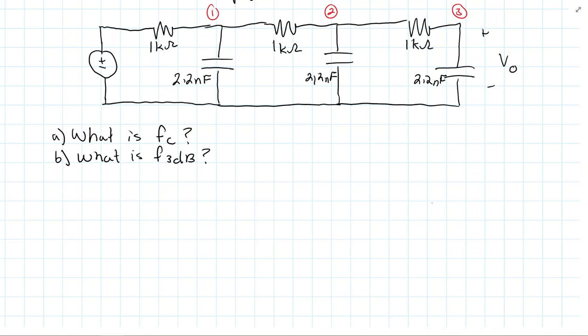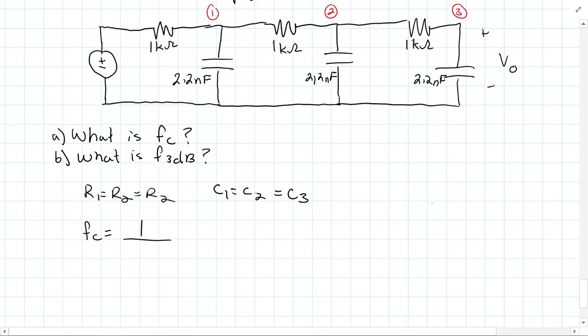And this is actually just a pretty straightforward problem here, because since we have R1 equaling R2 equaling R3 and C1 equals C2 equals C3, we would get that F sub C is 1 over 2 pi RC. So if we do that, that'd be 1 over 2 pi times 1k times 2.2 nanofarads. And let me just do that real quickly.